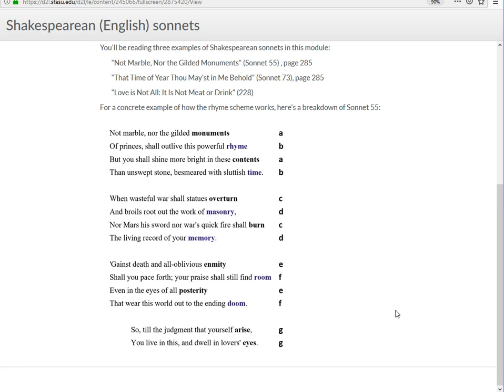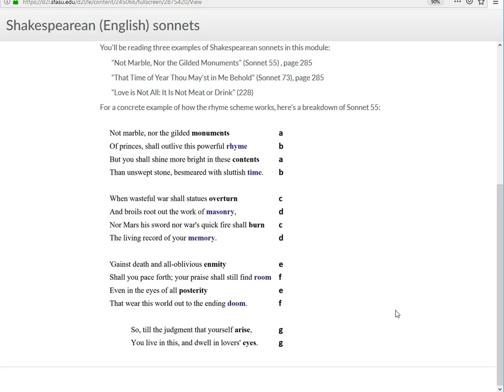By the way, if we wanted to do meter, and I'm not going to do meter on this poem, you'd find out that it's mostly iambic pentameter, but that it's got some substitutions in it to make it sound a little bit more natural.